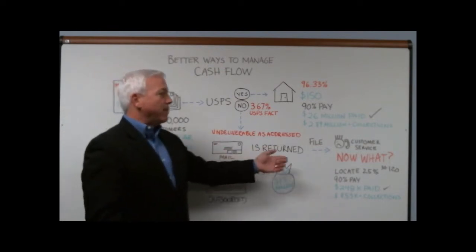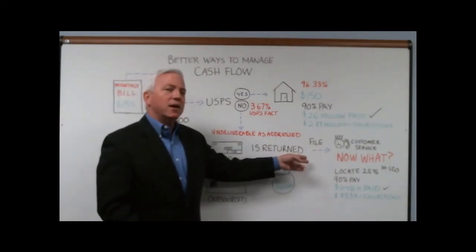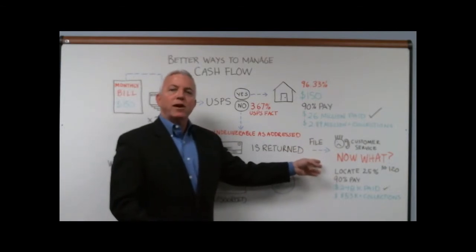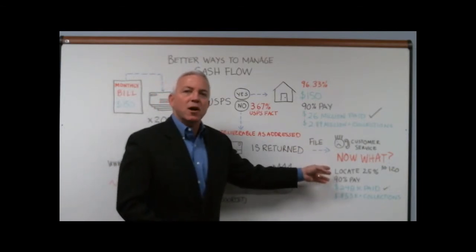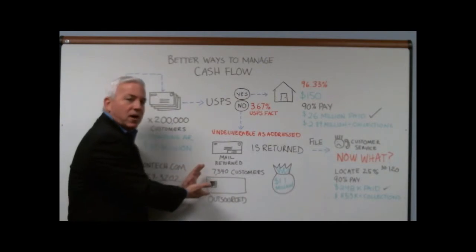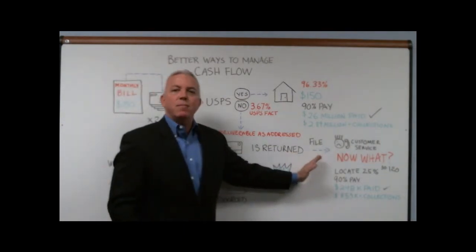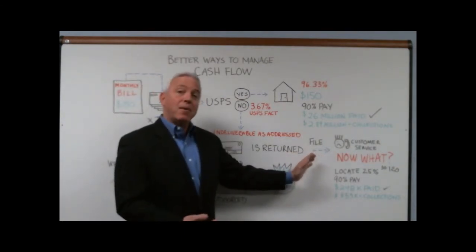So by this example, it's the now what that really is troubling to corporations, because you've still got the same issue. The issue is not the mail. The issue is I've got to find my customer so that I can get paid.